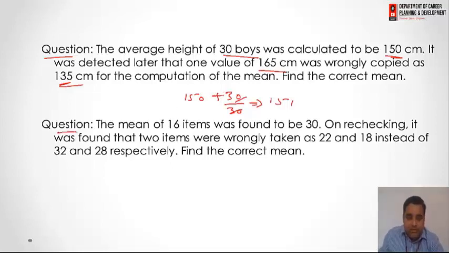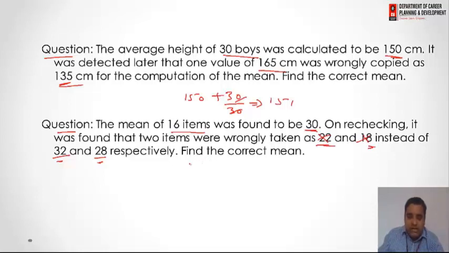Now, the next question we have, the mean of 16 items was found to be 30, and on rechecking it was found that the items were wrongly taken as 22 and 18 instead of 32 and 28. That means 22 is incorrect, 32 is right, 18 is incorrect, whereas 28 is correct. So there is a 10 value addition from 22 to 32 and 10 values of addition from 18 to 28.